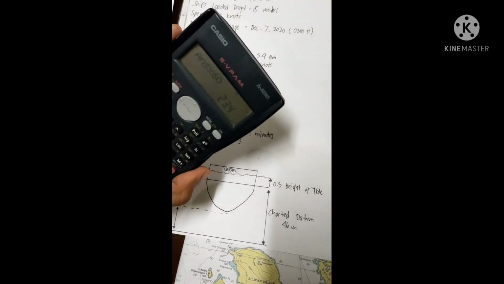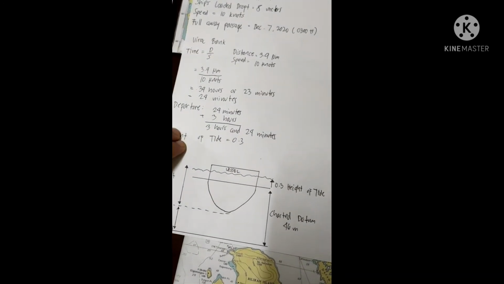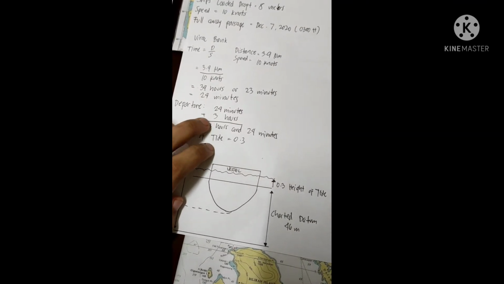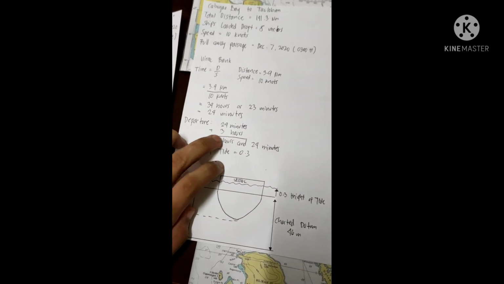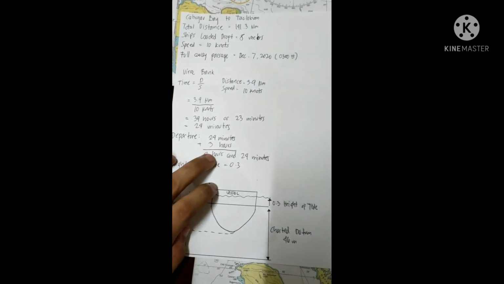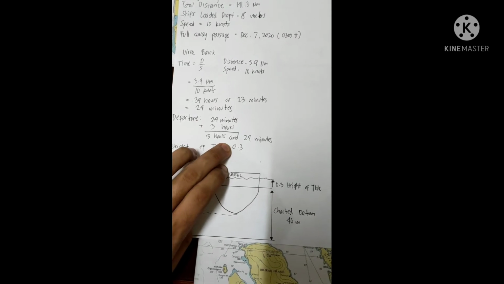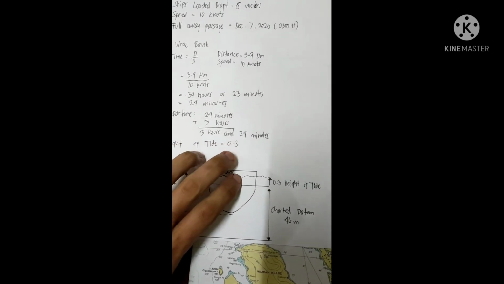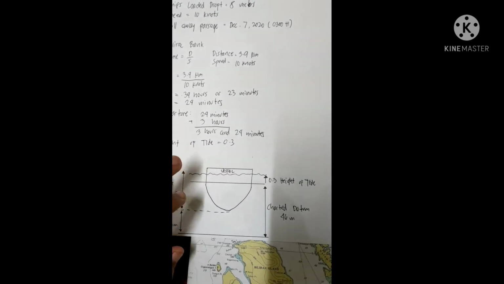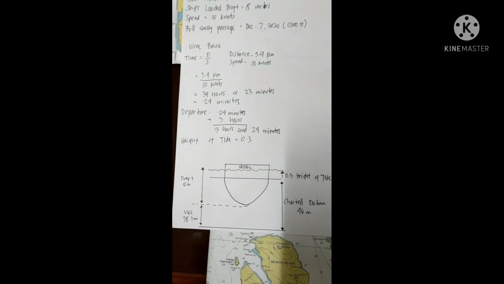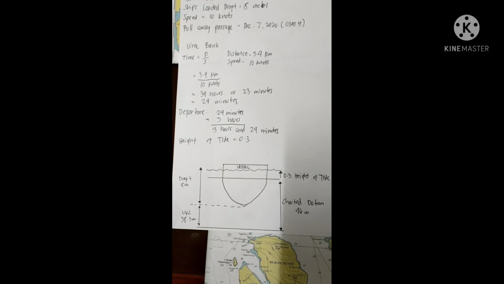So this is the answer. In the departure, you simply add 24 minutes to 3 hours to get 3 hours and 24 minutes as your answer. And in order to determine the height of the tide at this time, we will use the tide table.